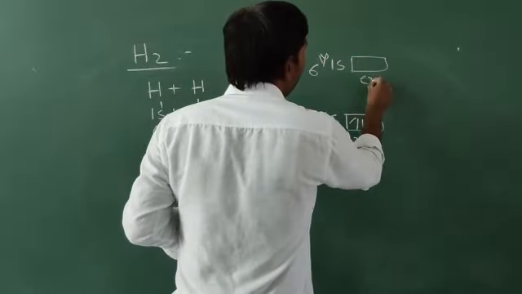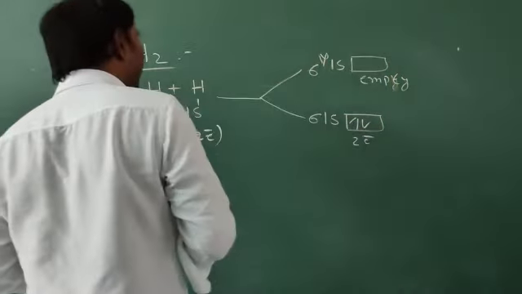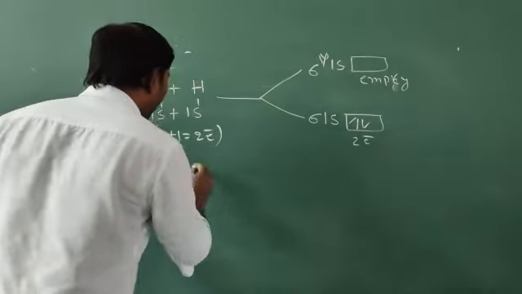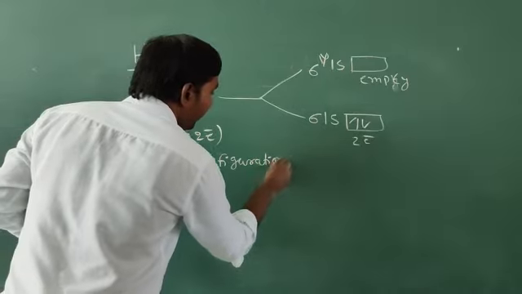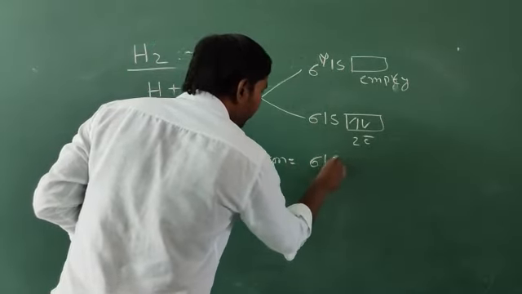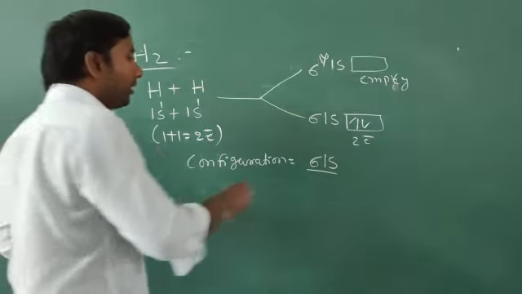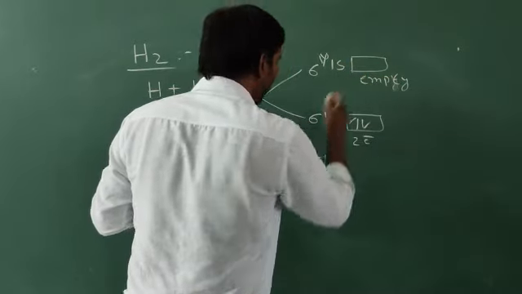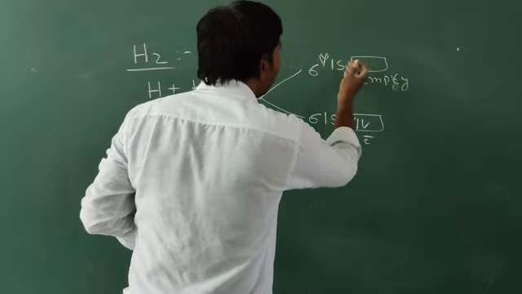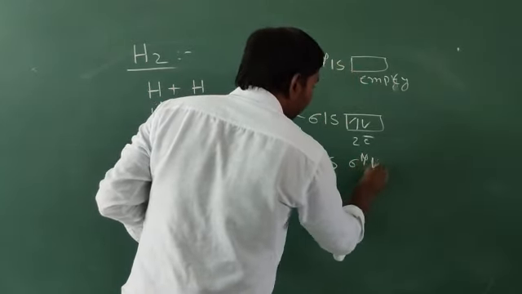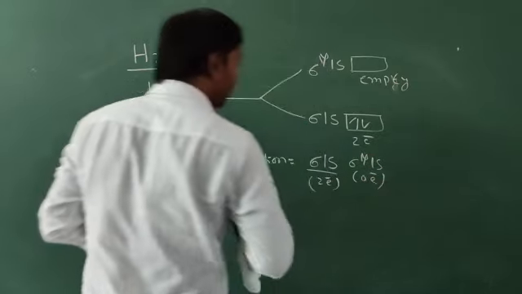So the hydrogen configuration is sigma 1s squared, with sigma star 1s having 0 electrons.